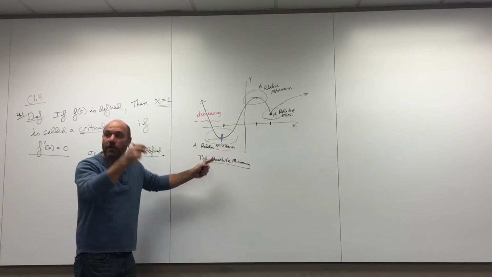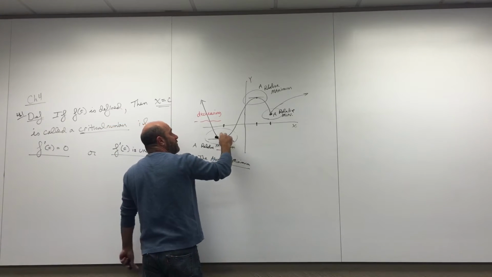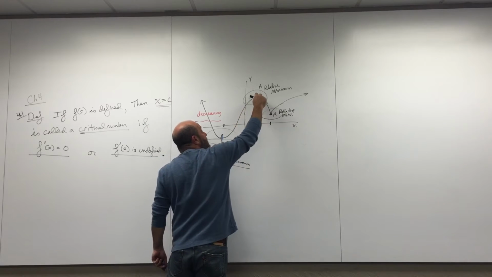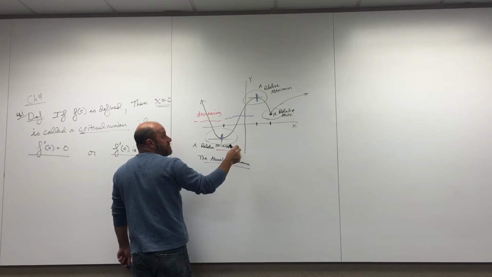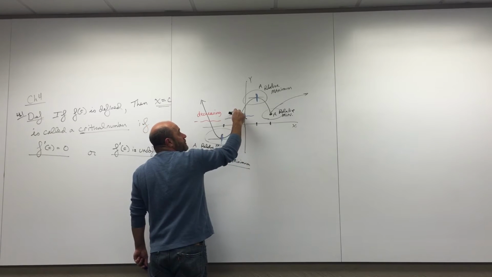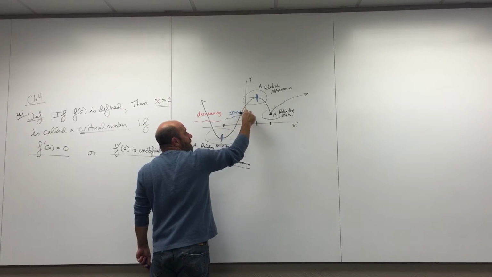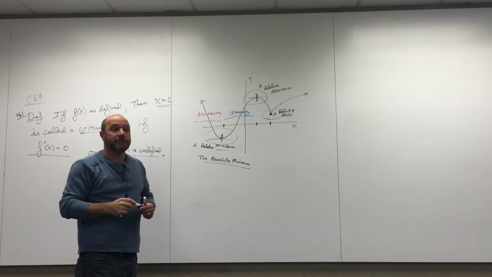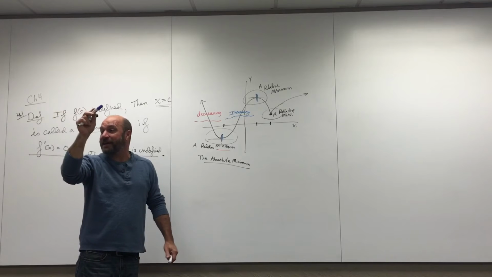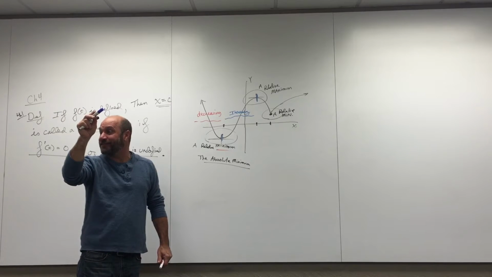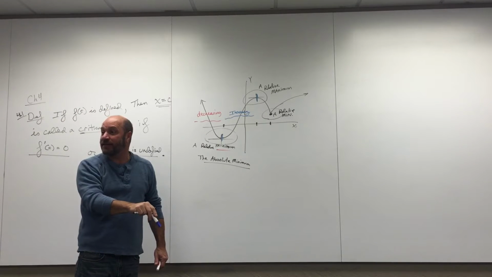You're turning around. So you're decreasing, and then from here to this max, in between this little area right here, are you guys with me? You are increasing. And then you hit a max. And by definition, you're not going to be a max if you keep increasing. You got to turn around and start decreasing again.